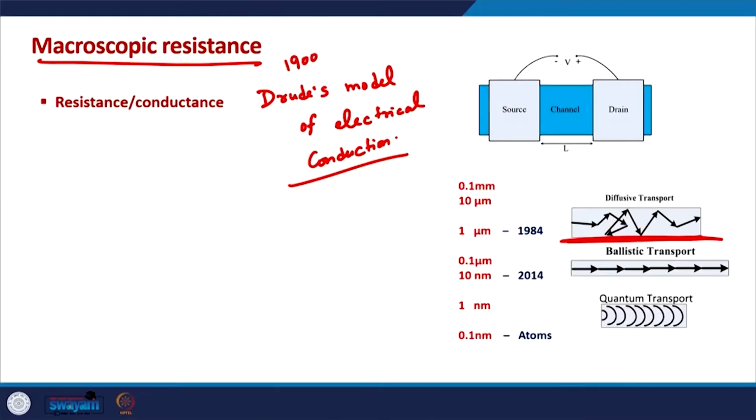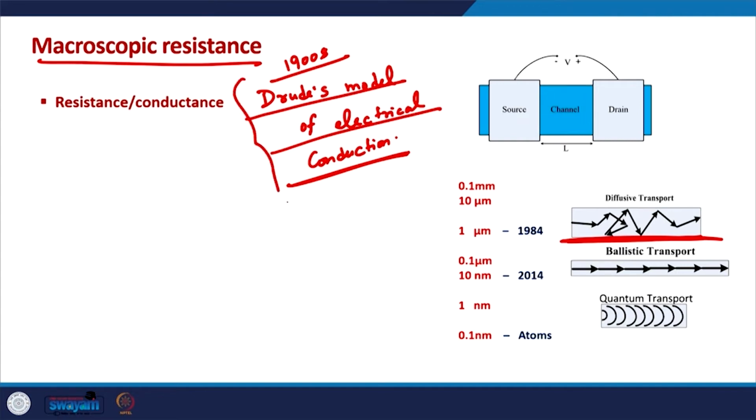You can forget about quantum mechanics or those things. That was quite far away. It was during this time that this electrical conduction model by Drude was given, and that is where our conventional understanding of conduction, transport or resistance comes from.